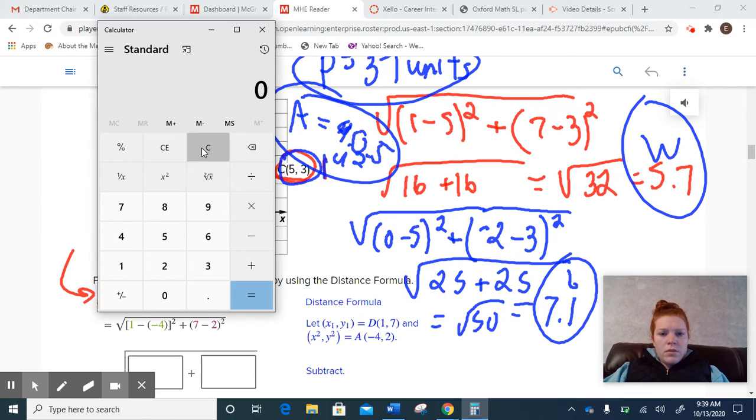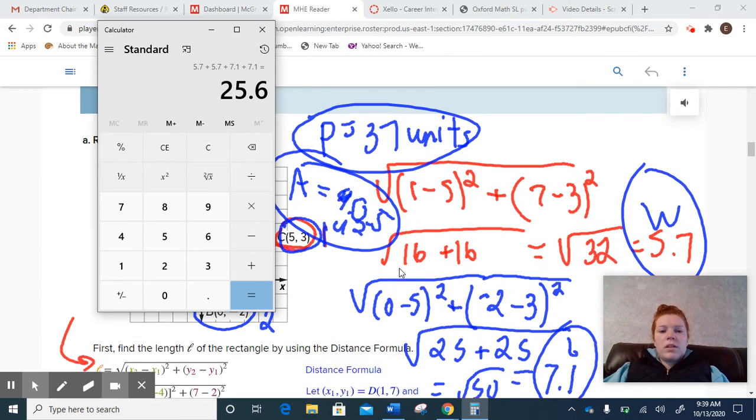25.7. We should have at least gotten close. And then square root of 50 is what they got, 7.1. Let's try to calculate that one more time. 5.7 plus 5.7 plus 7.1 plus 7.1, yep, I think it is a calculator error, 25.6.